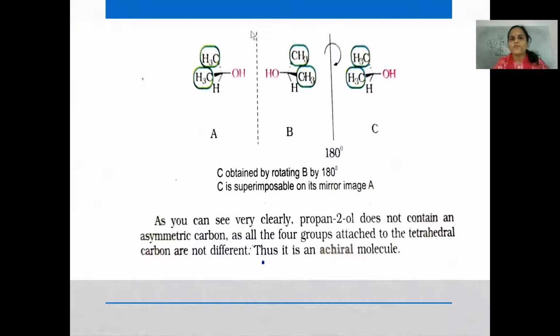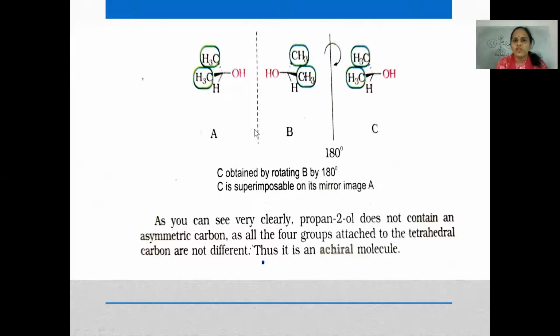This is propane-2-ol. It has an OH group, CH3, CH3, H. If I look into the mirror, this is the mirror image which I get, and C is superimposable on its mirror image. First you see this is A, propane-2-ol.